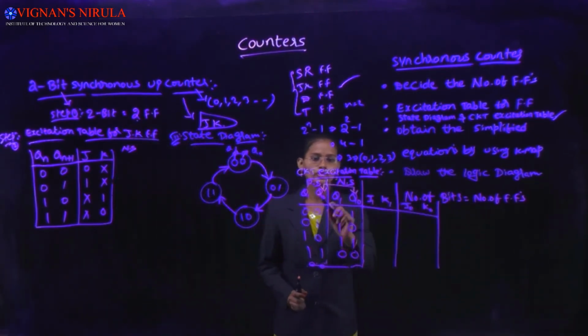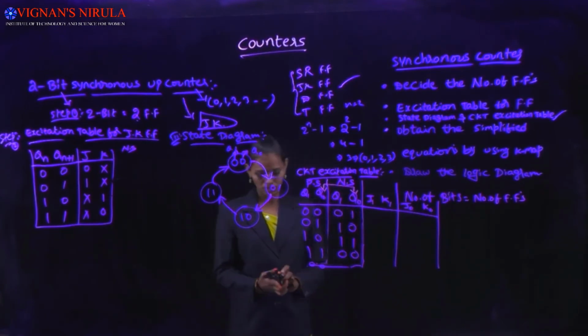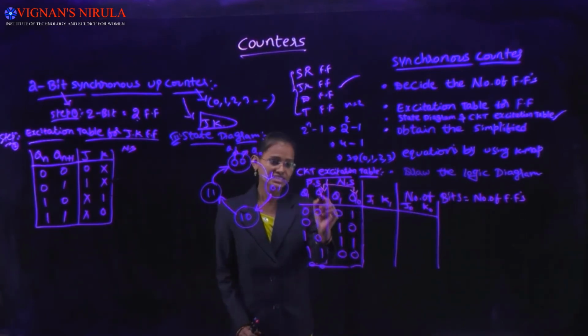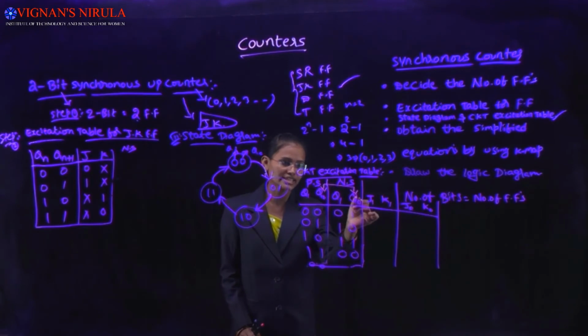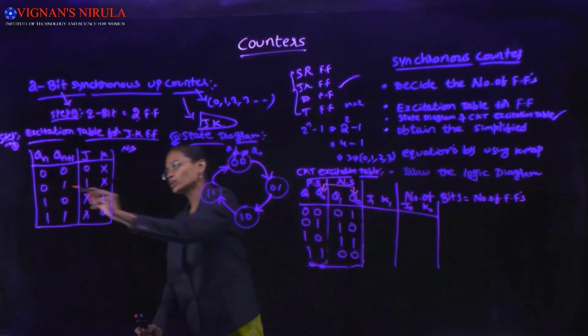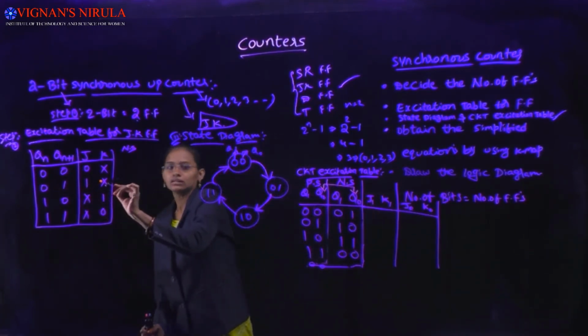Next, we observe Q0 and the next state Q0. In this, the present state Q0 is 0 and the next state Q0 is 1. 0 to 1. What is the J and K?